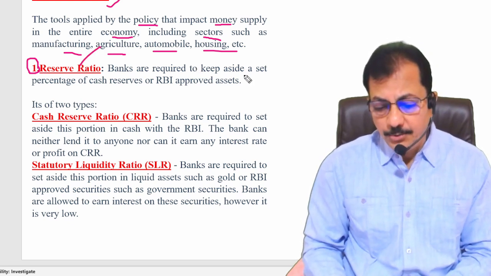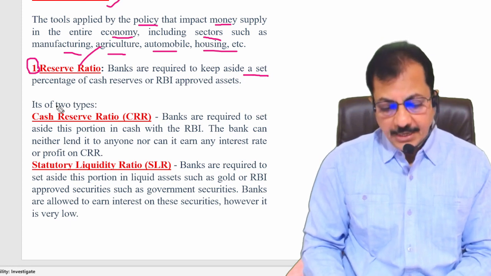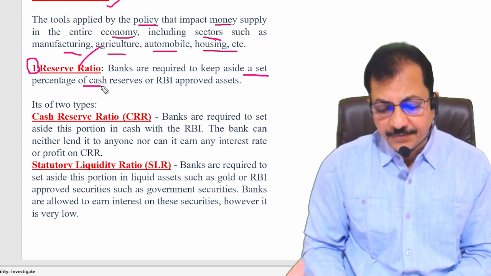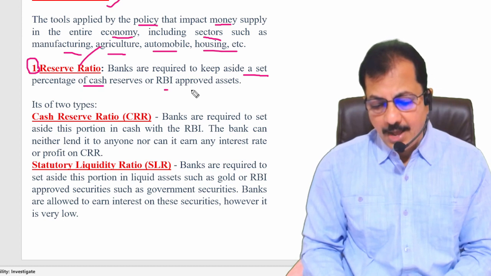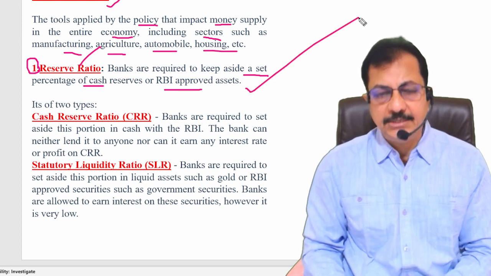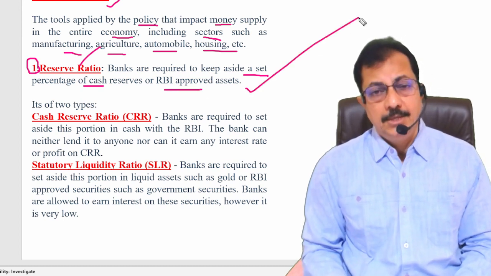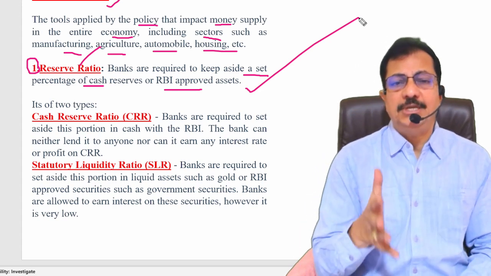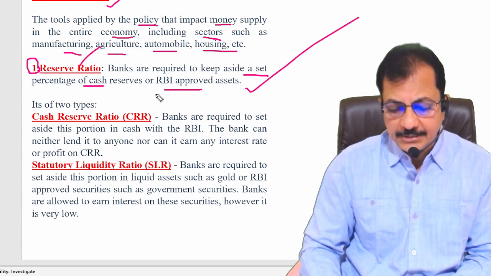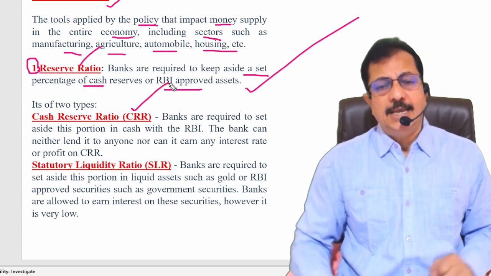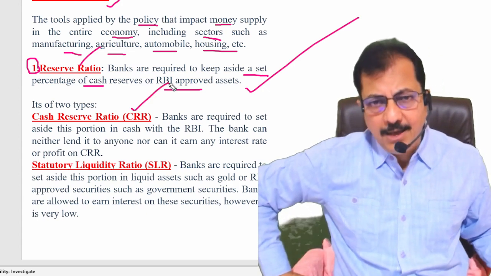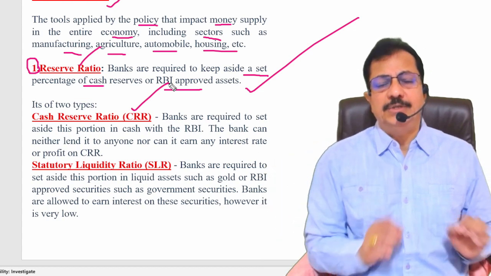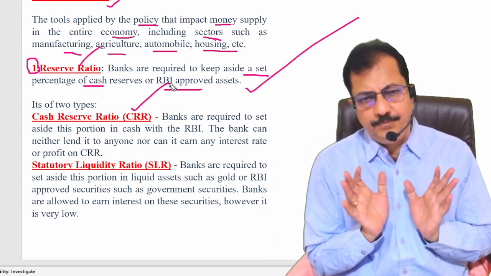Banks are required to keep aside a set percentage of cash reserves or RBI-approved assets, that is called the reserve ratio. So this is again of two types. One is the cash reserve ratio, or popularly called CRR. The second one is SLR. SLR stands for statutory liquidity ratio.